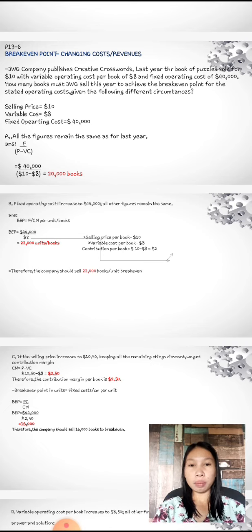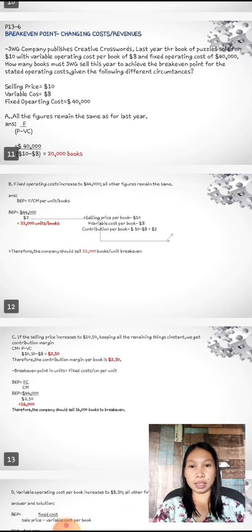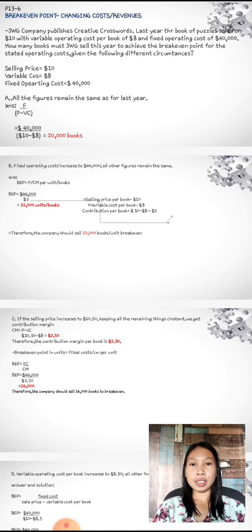How many books must GWG sell this year to achieve the break-even point for the stated operating cost, given the following different circumstances? A: the selling price is $10, the variable cost is $8, and the fixed operating cost is $40,000. All the figures remain the same as last year.